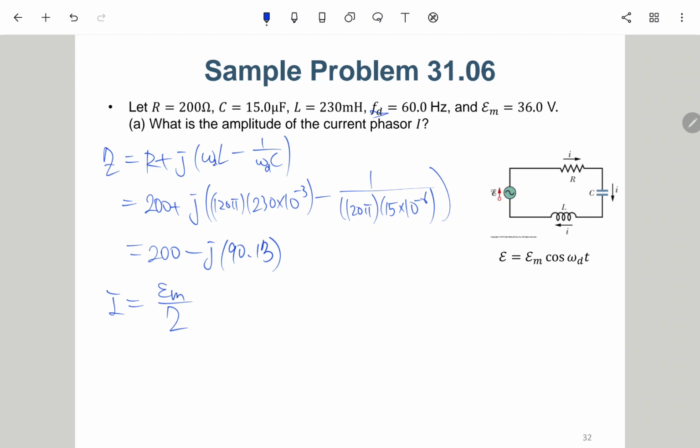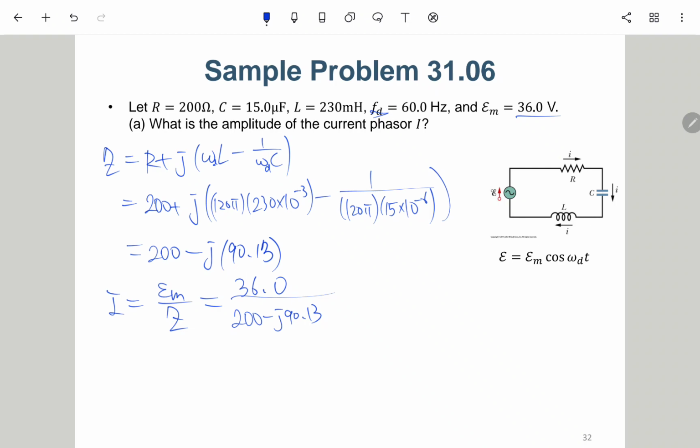The phasor of I will be 36.0 over this 200 minus j times 90.13. Of course, you can rationalize it by multiplying by 200 plus j 90.13, or you just press the calculator to find it out.